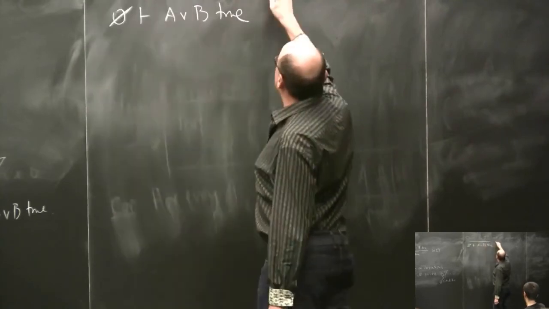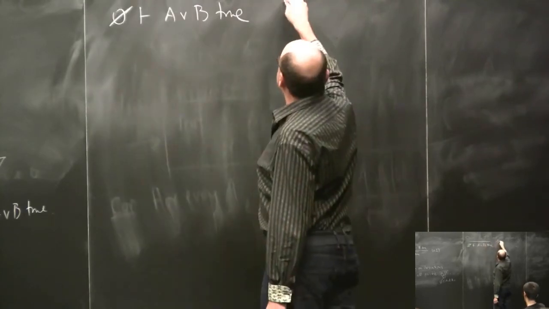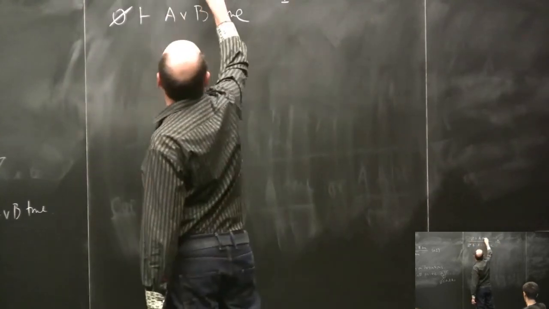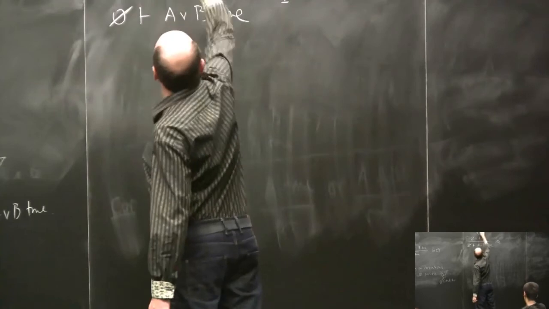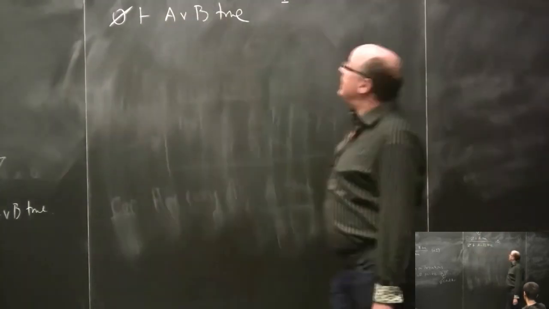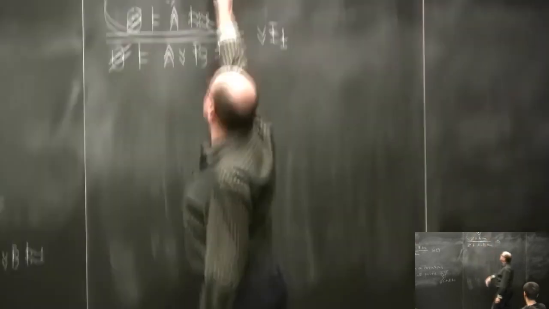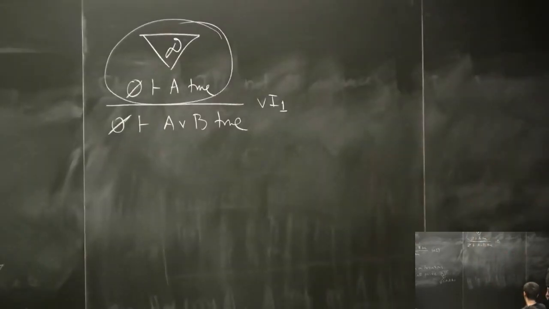Well, the last step might be or-introduction 1, in which case what I have here is A true for some reason, and you say, there it is, that's the one I'm looking for, and I'm golden.